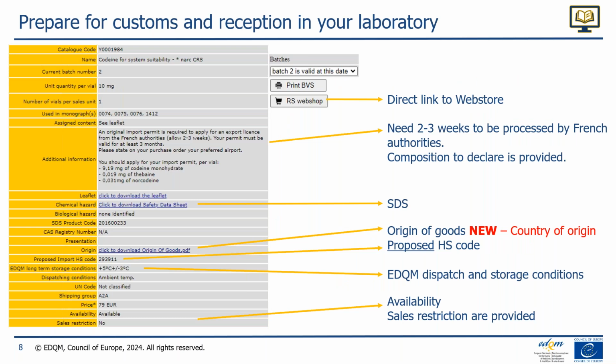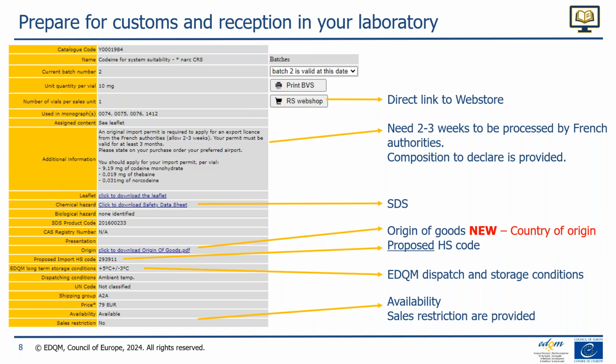So here is an example of how you can prepare for customs and reception in your laboratory. This is the case for the coding for system suitability reference standards. It's a controlled substance. In the past, obtaining a permit for controlled substances from the French authorities took between 8 and 10 weeks. We now have a new agreement which allowed us to reduce the time to 2 to 3 weeks.